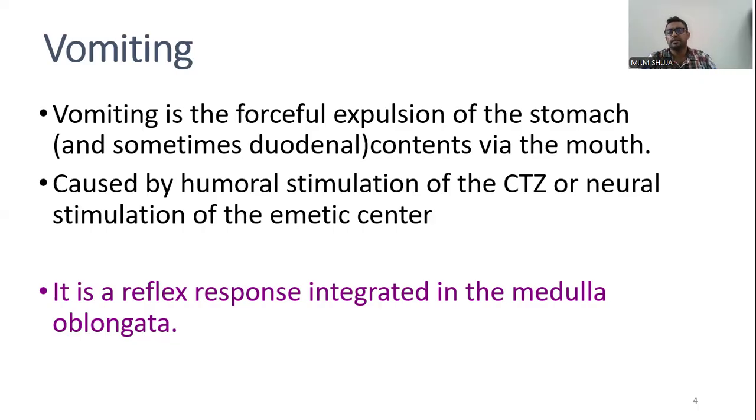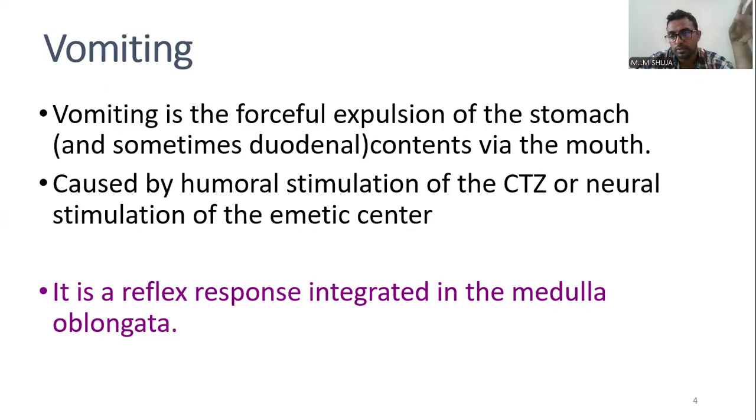Vomiting is caused mainly through two pathways. One is humoral stimulation of the chemoreceptor trigger zone. The other pathway is neural stimulation of the emetic center, that is called the vomiting center. So one is humoral, the other is neural.